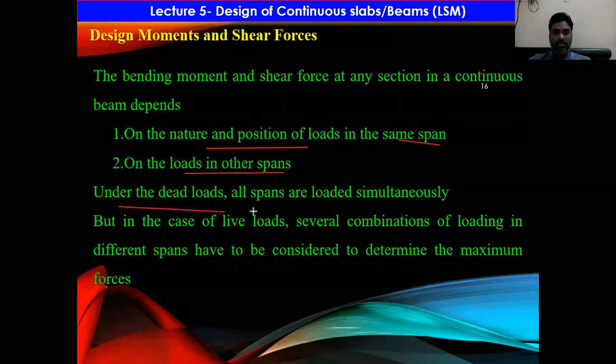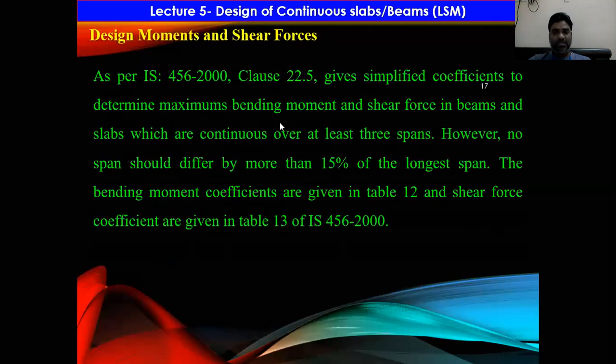So under the dead loads, all spans are loaded simultaneously. But in case of live load, several combinations of loading on different spans have to be considered to determine the maximum forces. Just now what we have discussed, right? Now coming to IS 456-2000, clause 22.5 gives the simplified coefficients to determine the maximum bending moment and shear forces in beams and slabs which are continuous over at least 3 spans.